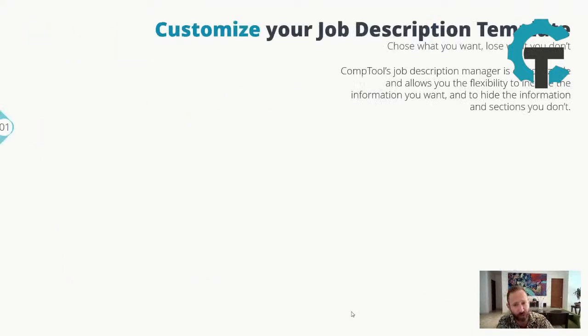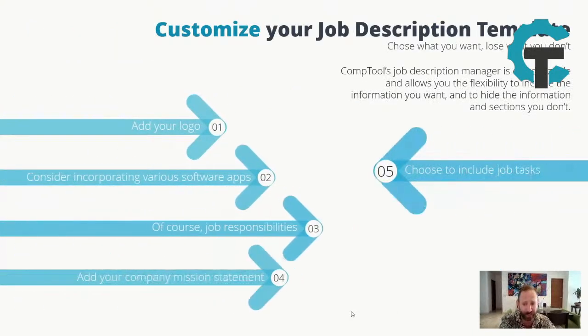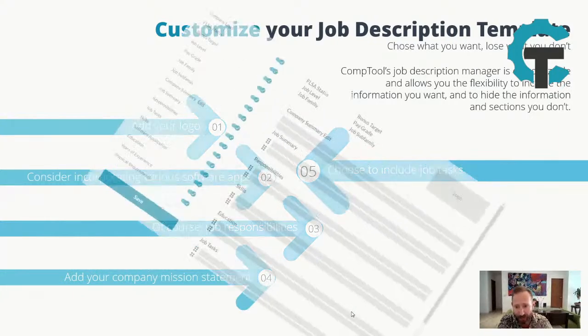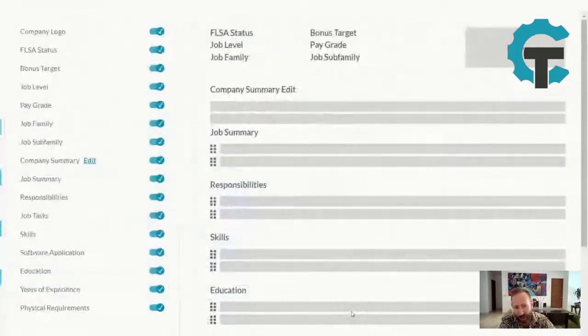Another consideration too is you can actually customize these descriptions. You can add your own logo. You can incorporate different software applications. You can choose to include job tasks, job responsibilities. You can add your company mission statement. Everything can be customized. You can move these around as you want to. You can change the order of things, the information that's included.